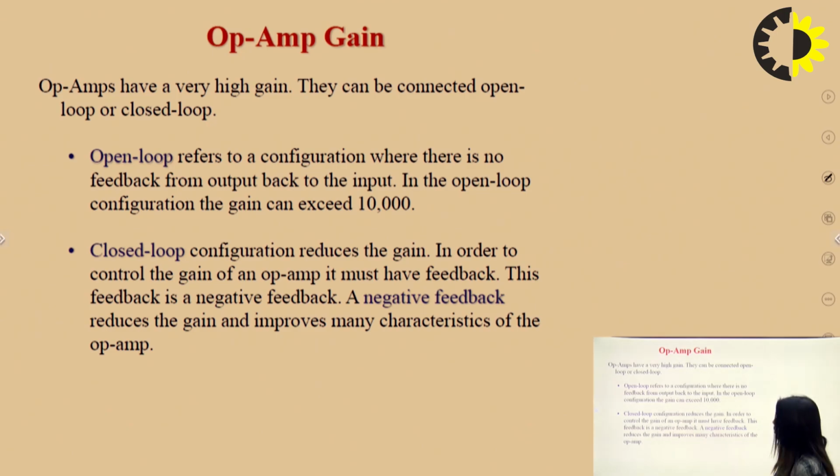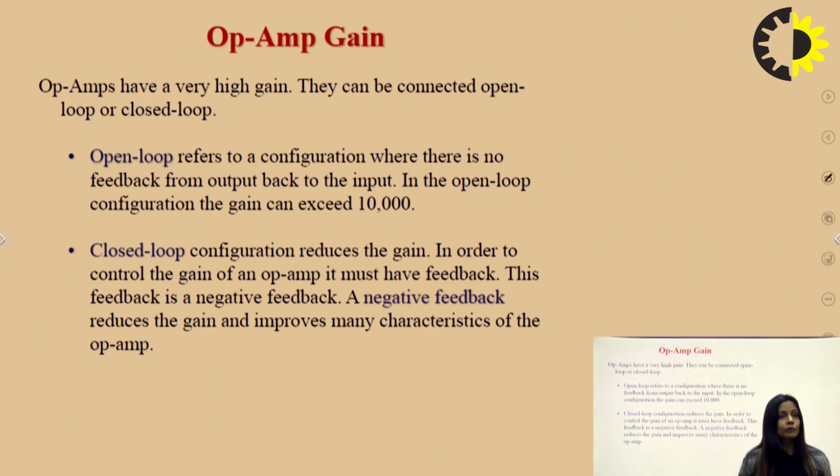In open loop configuration, when there is no feedback from output back to input, the gain can exceed 10,000. Whereas in the closed loop configuration, the gain is reduced, but in order to control the gain of the Opamp, negative feedback must be applied, which reduces the gain but improves many characteristics of the Opamp.